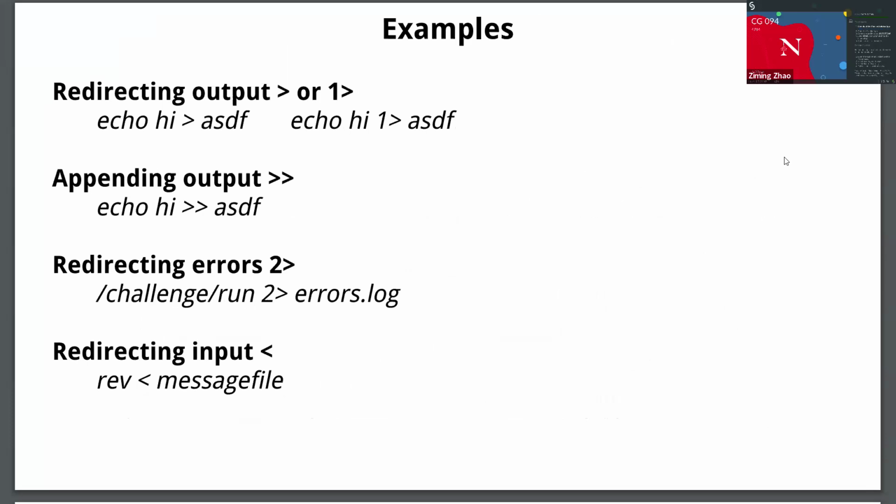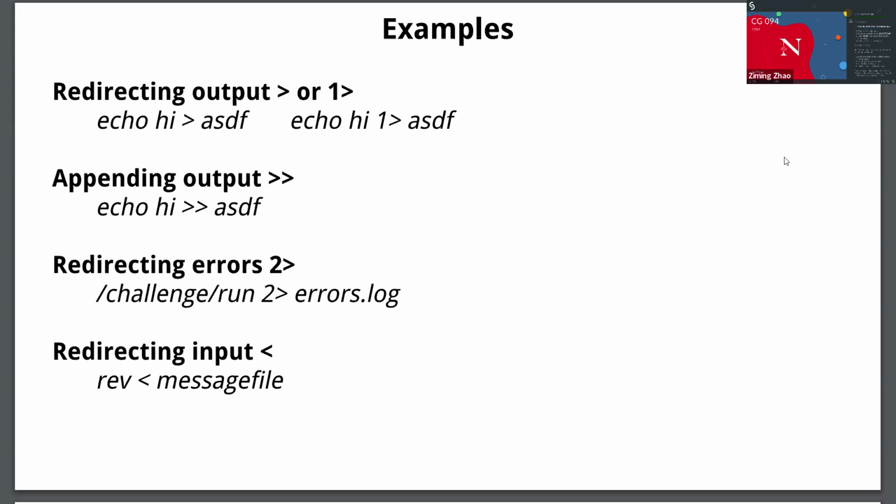If you want to redirect the output to somewhere else, you just use the greater sign. For example, you do echo hello. If you only do echo hello, it will print out hello in the terminal because the terminal is connected to the standard out. You can redirect that to a file.